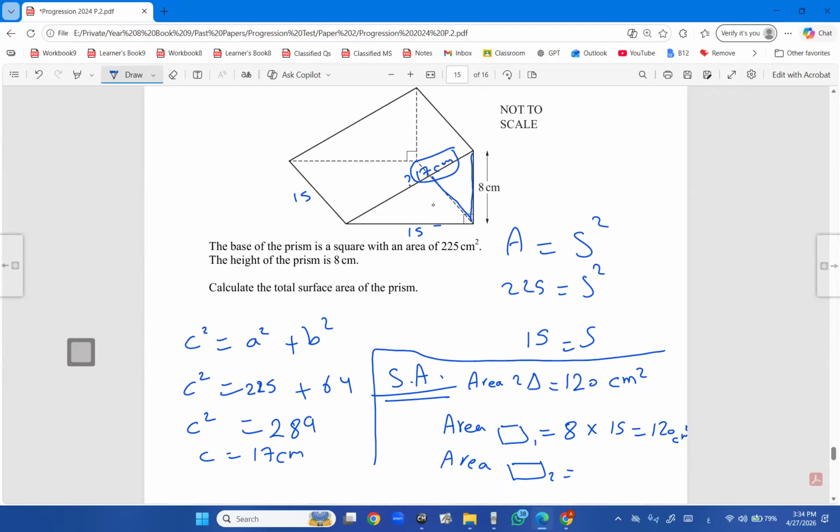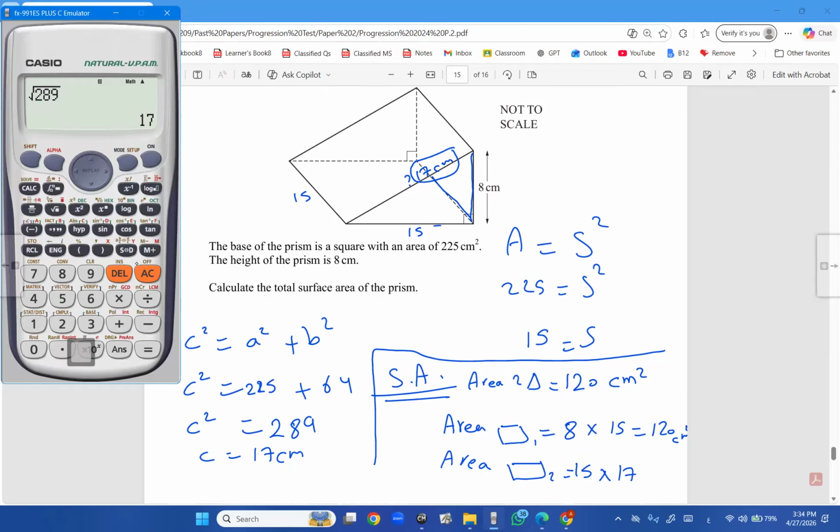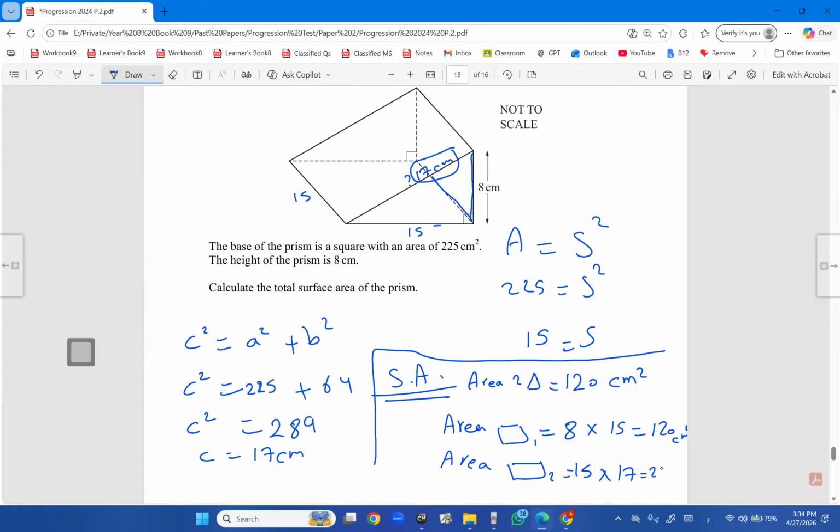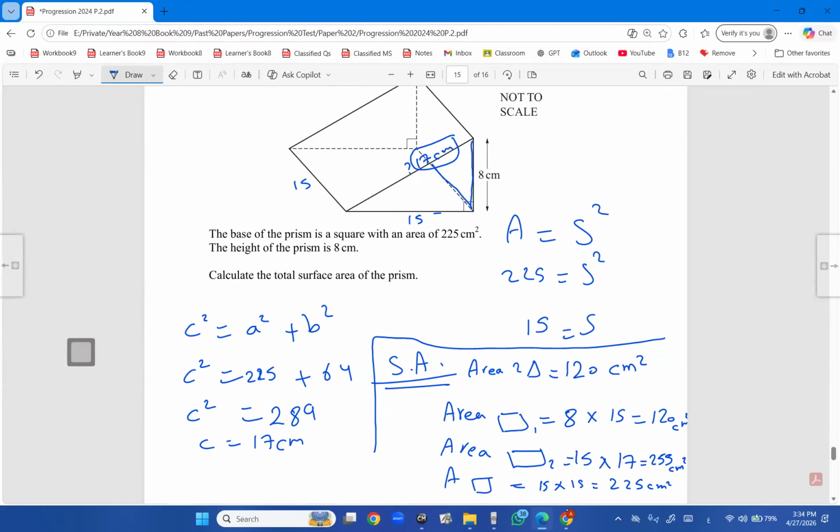Rectangle 2, let's say it's the rectangle on the left side over here, 15 by 17. What is 15 by 17? Open your calculator and do it. 255 centimeters squared. Then area of the square at the bottom, 15 by 15, which is 225 centimeters squared.